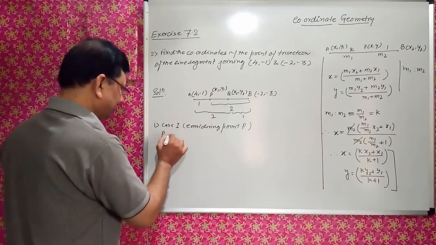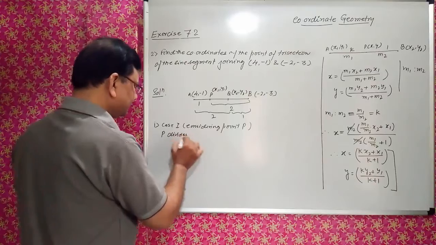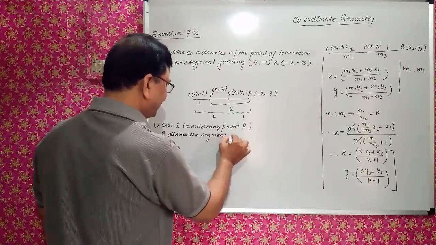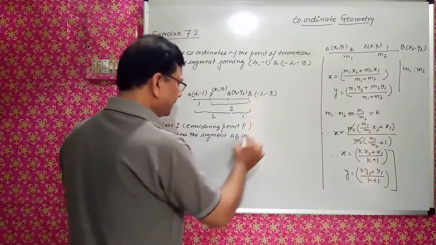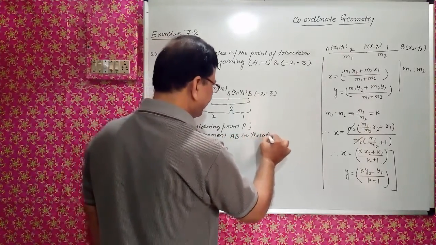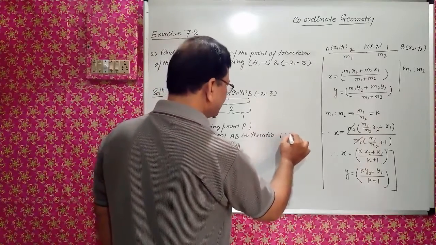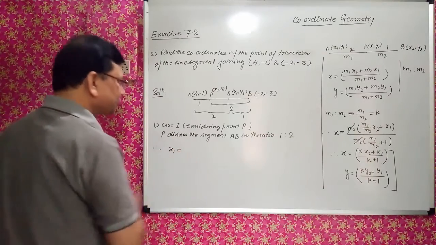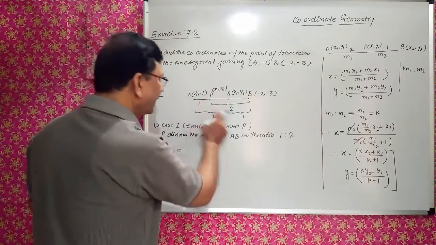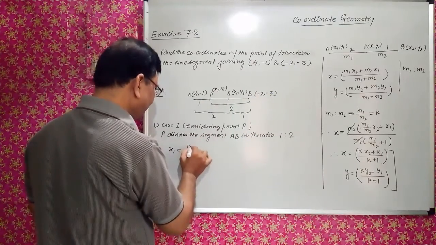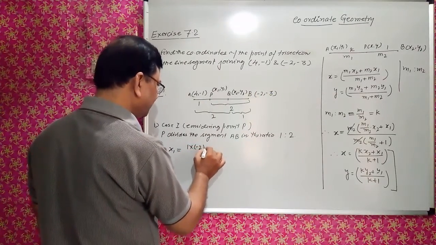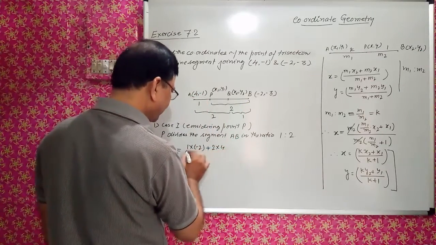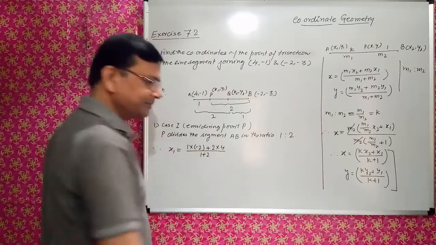P divides the segment AB in the ratio 1:2. Therefore, x1 will be what? This x1 is 1 multiplied by minus 2, 1 into minus 2 plus 2 into 4, by 1 plus 2. According to this formula.